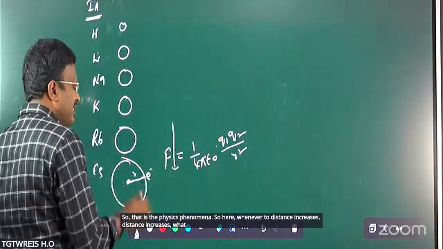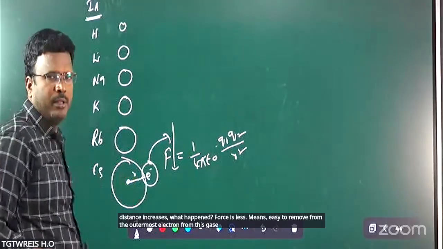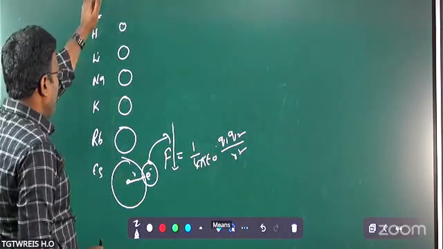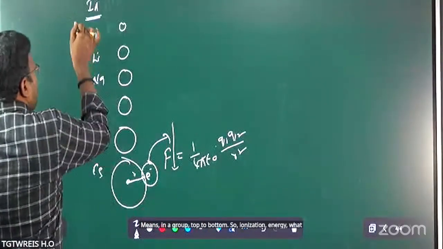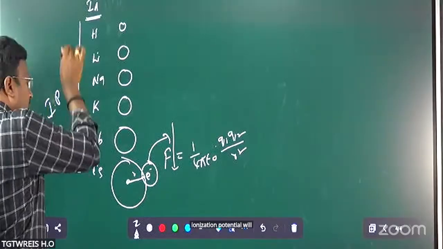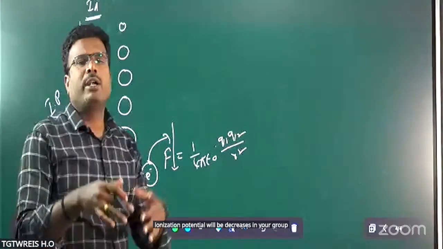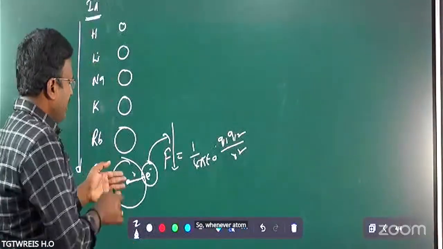Force is less. Means it is easy to remove the outermost electron from the gaseous state of the atom. Means in a group, top to bottom, ionization energy, what happened? Decreases. Ionization potential will decrease in a group top to bottom because atomic radius increases. So whenever atomic radius increases, it is easy to remove.